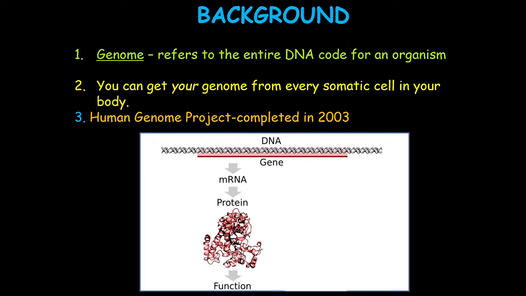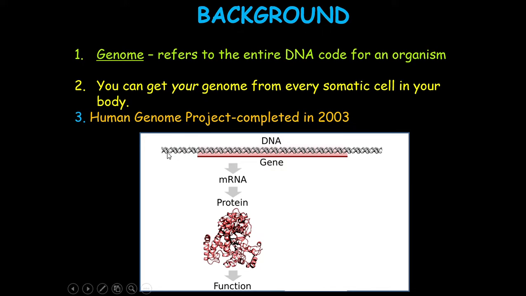The only types of cells that do not have a full set of DNA in you would be sperm or egg. They have half of your DNA in them, because they're going to combine with another sex cell to make a new human zygote, it's called. But most of your cells have your full DNA in them.